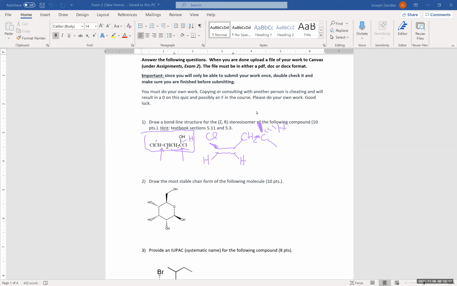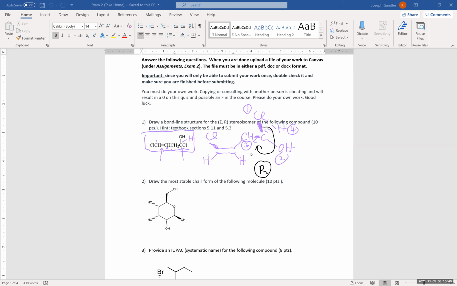And to do R, chlorine is the highest priority group and oxygen of the OH is second highest priority. Of course, the carbon would be third and the hydrogen, the low priority group. So if we orient the molecule like that, you see you go 1, 2, 3, that's clockwise. That's an R configuration, okay?